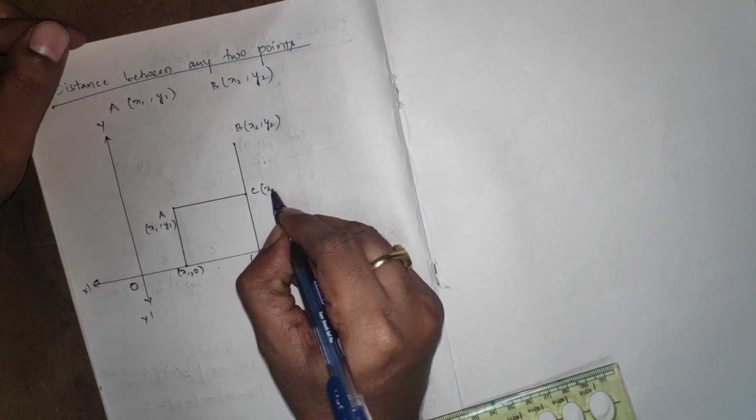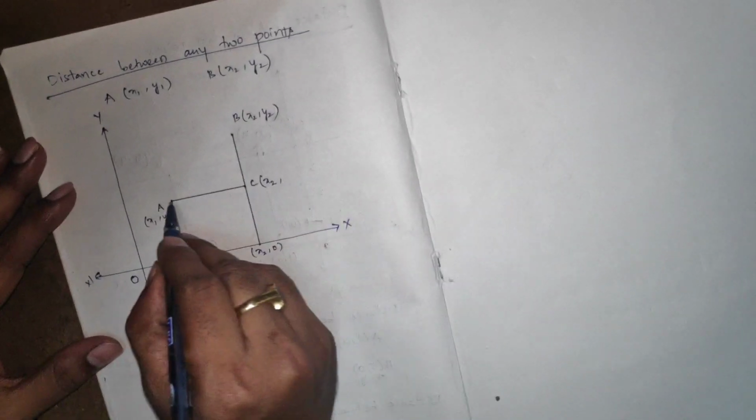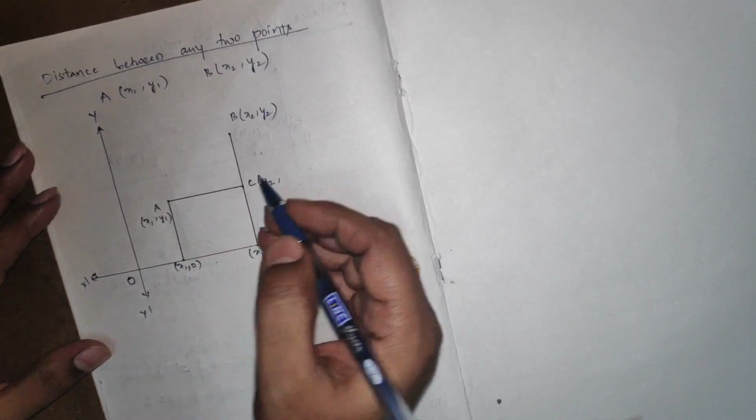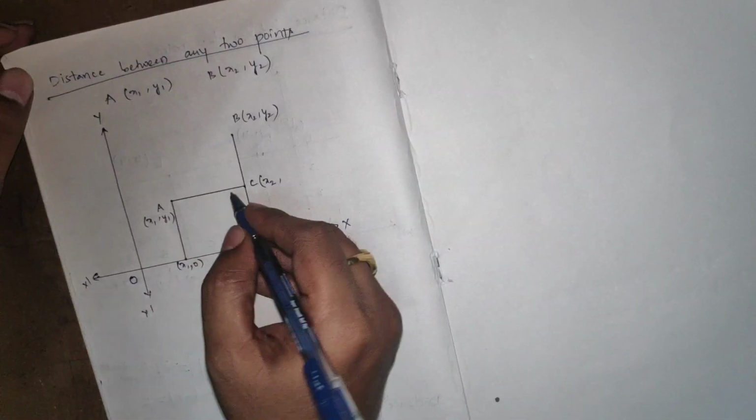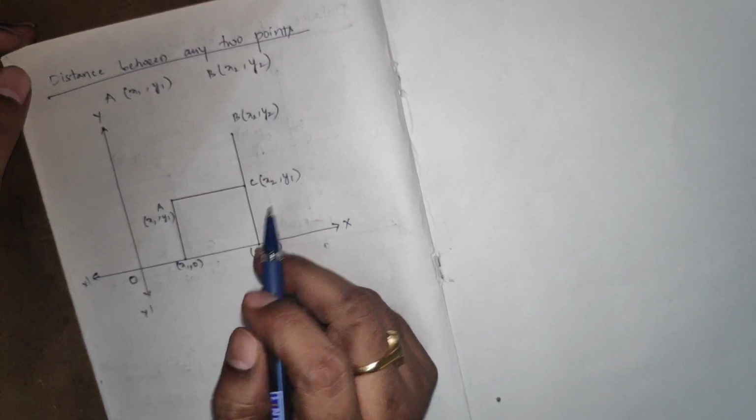That means this is x2 comma, as A and C are on a line segment which is parallel to the x-axis, these two will have y coordinates equal. Therefore the coordinates of C are x2 comma y1.